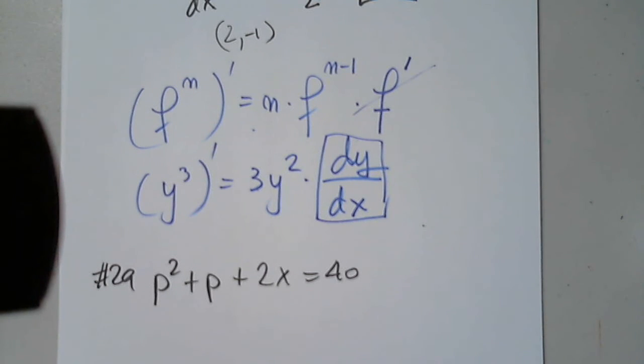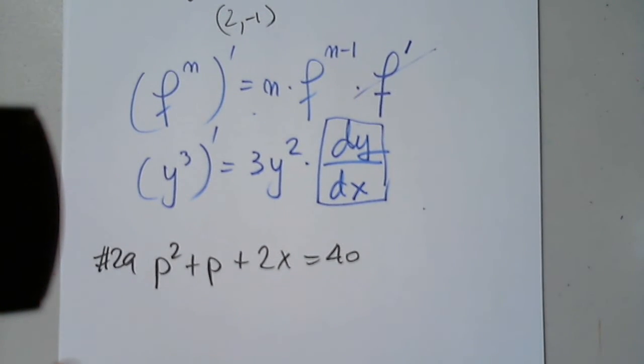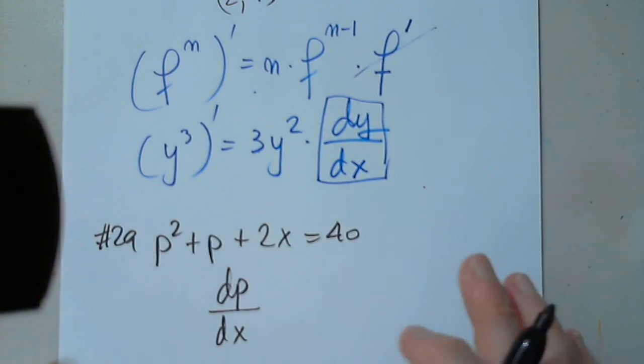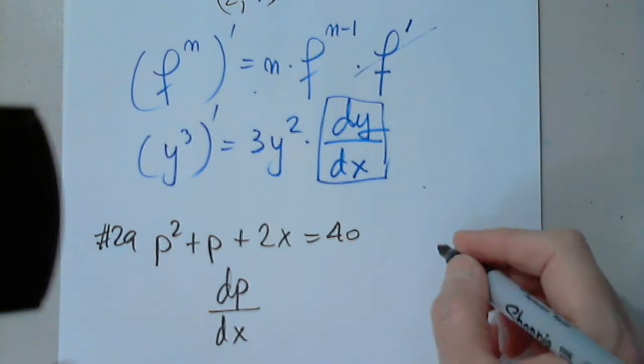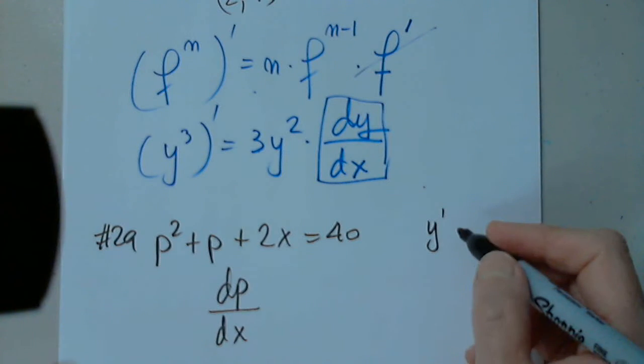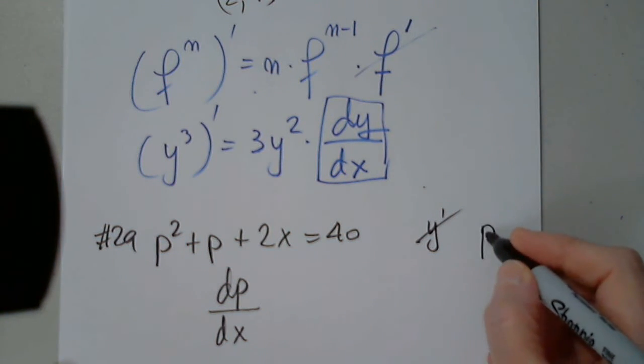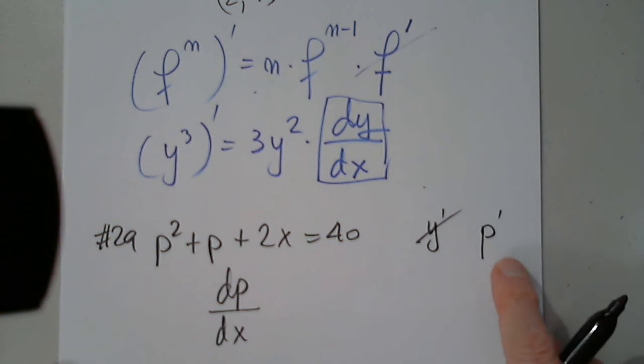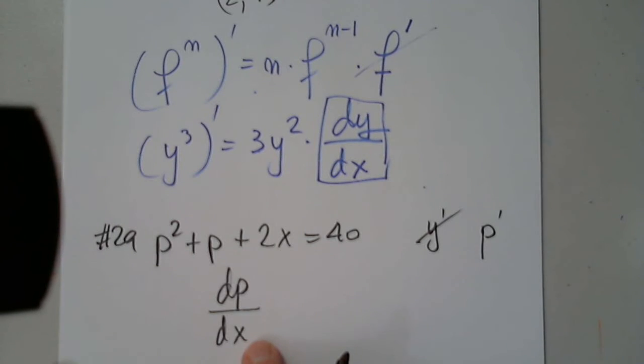For each demand equation in the exercises, differentiate implicitly to find dp over dx. So this is very important. As Landon asked, why don't you use y prime? If I use p prime here, I'm not really telling you that p is a function of x.